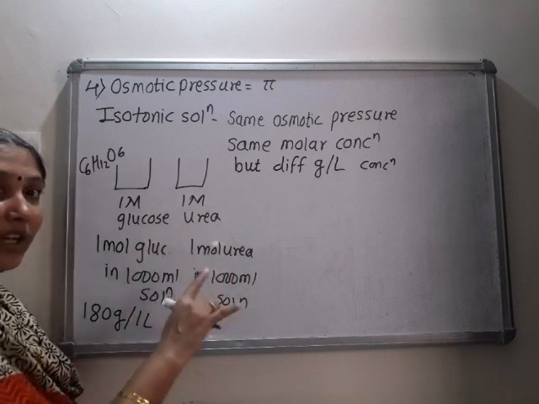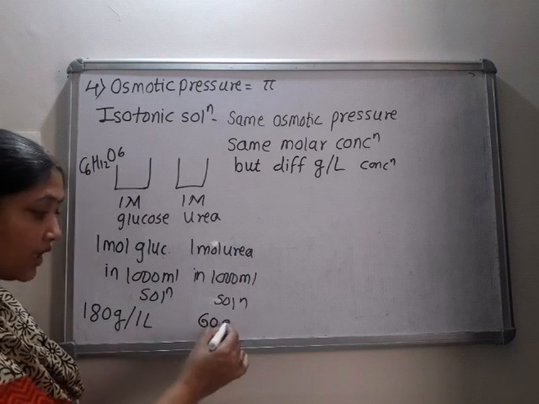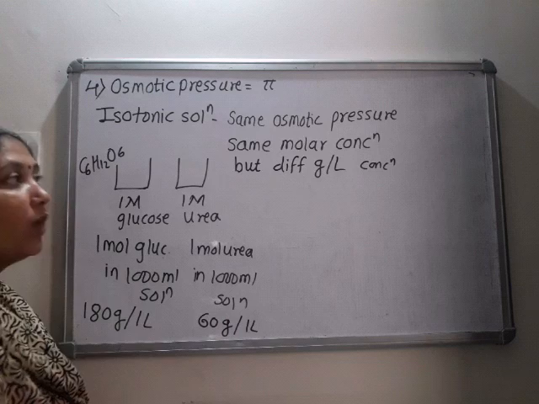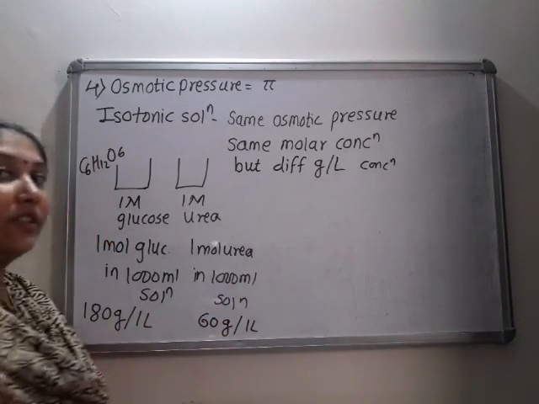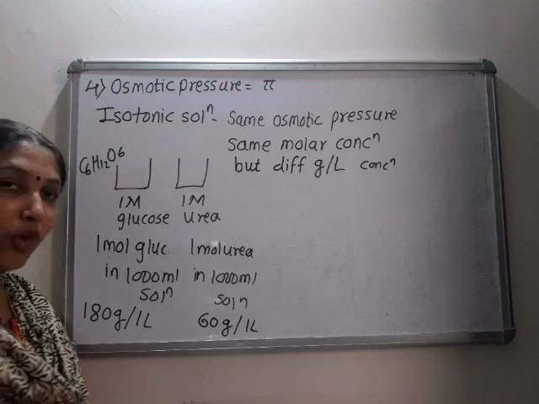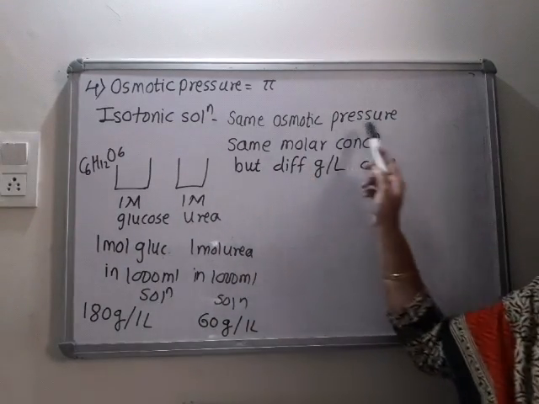And urea is NH2CONH2. Its molar mass is 60. So 60 gram is present in 1 liter. Means their concentration in gram per liter is different. Clear this point? So isotonic solutions are solutions having the same osmotic pressure.